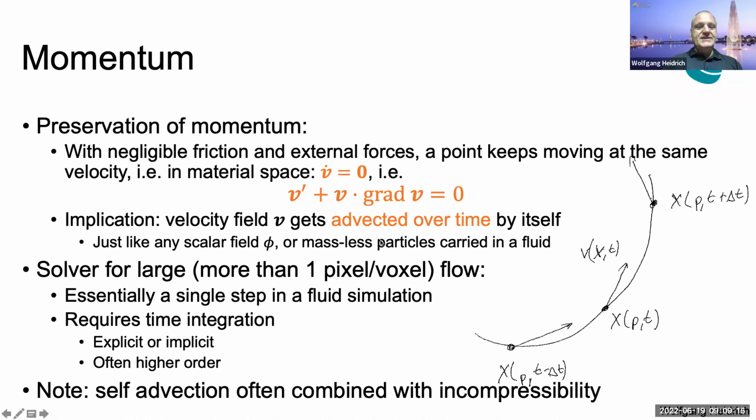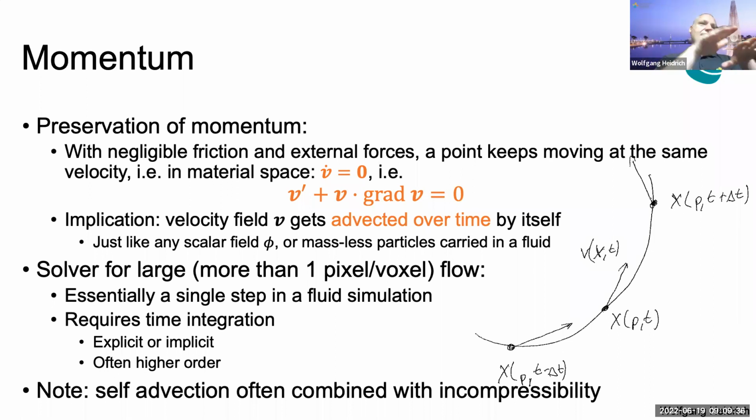And again, we can now have an equation that looks exactly like what we had before, just with the velocity field instead of the scalar quantity. And so the implication of this is that as we evolve our fluid, the velocity field should basically be carried forward by itself.